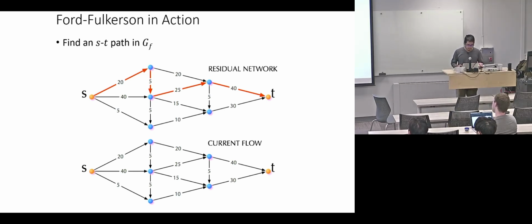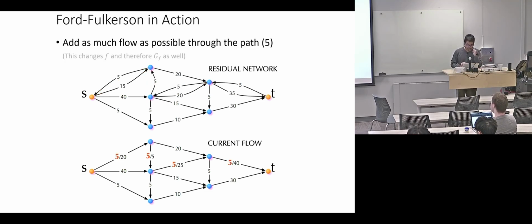Try to send maximum flow along this path. So it should be 5 here, because 5 is the bottleneck along this path. Send flow. 5, 5, 5, 5. Now the residual graph is updated. So you update the residual graph.